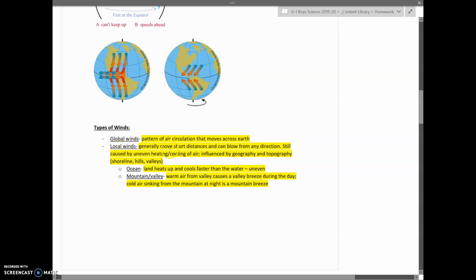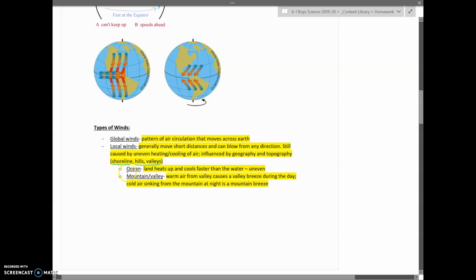In contrast to that, we have local winds. Local winds generally move short distances and can blow from any direction. They're still caused by uneven heating and cooling of air, but they're influenced by geography and topography, most specifically shorelines and hills or valleys.